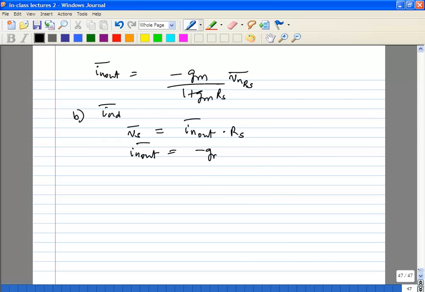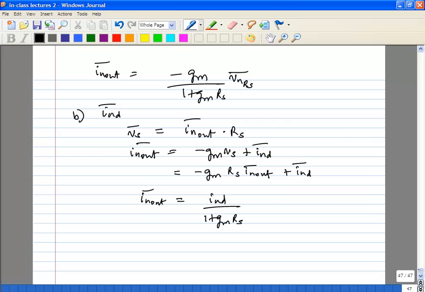So we'll write the second equation. In,out is minus gm Vs plus In,D. Okay, that clear? In,D over 1 plus gm Rs.